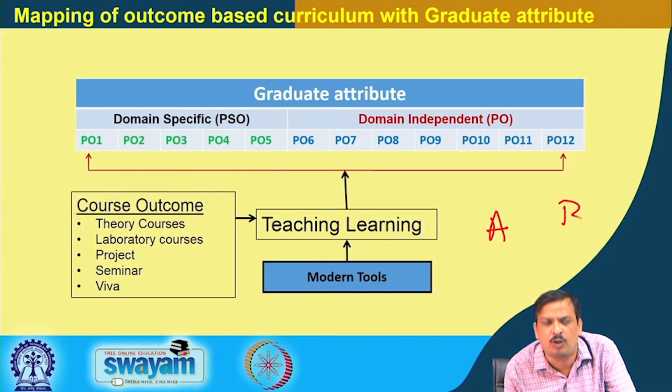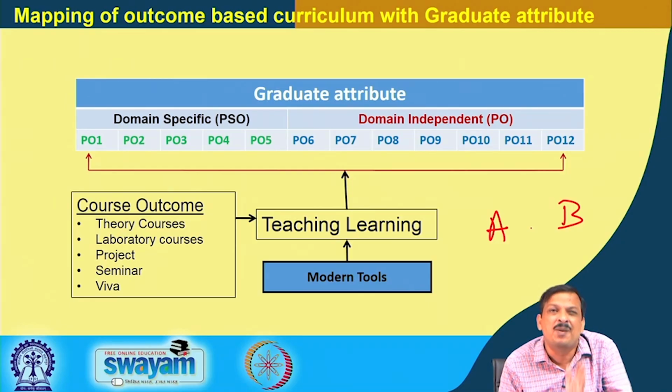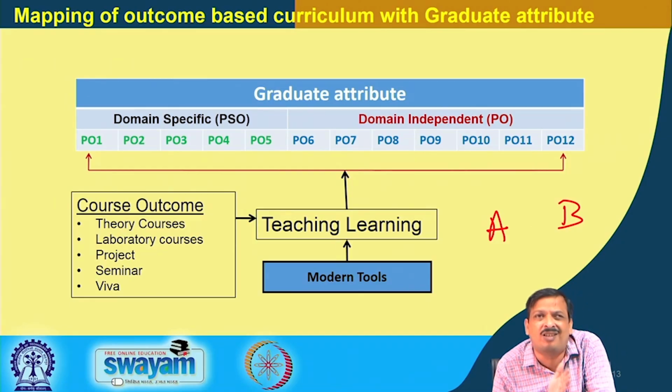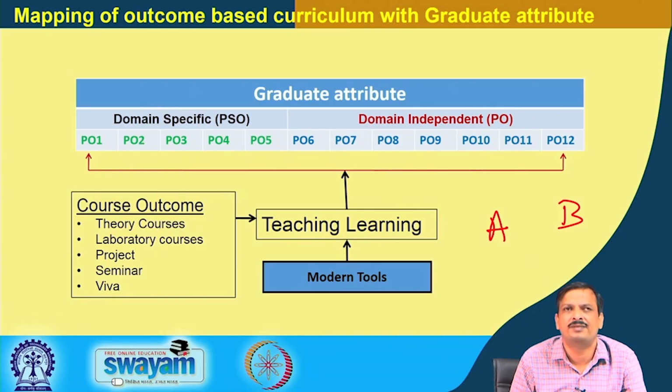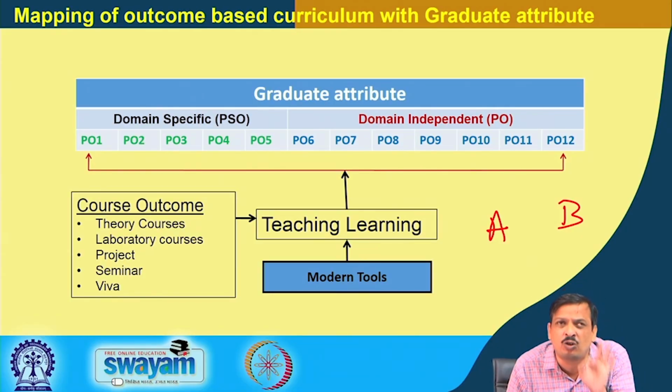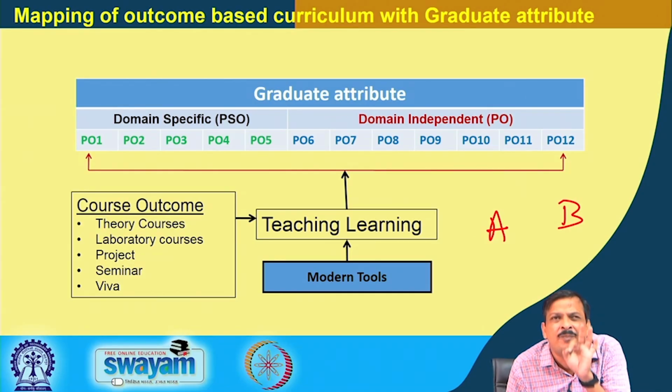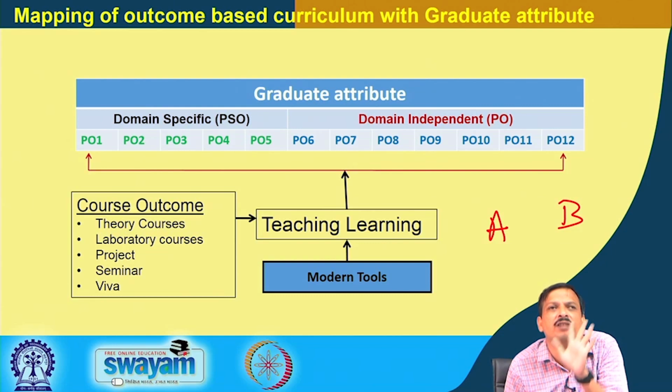Institute B also produces electronics graduates, but they are much more masters of microwave engineering. So, when you write down the program specific outcome, it must reflect that point.